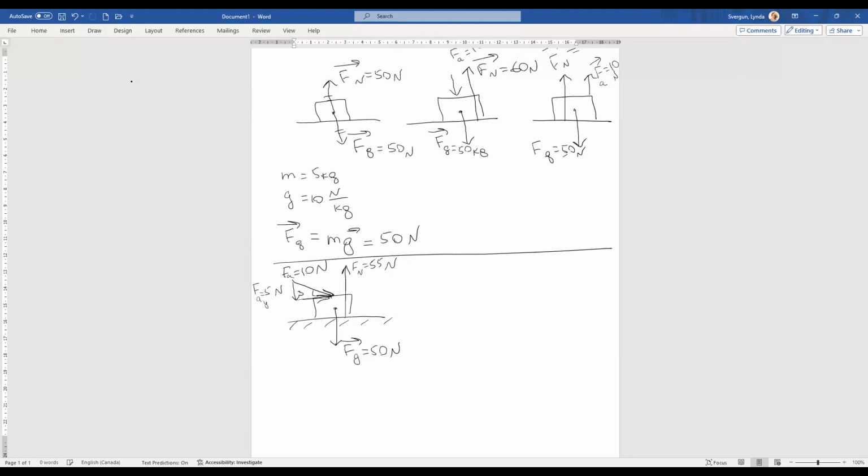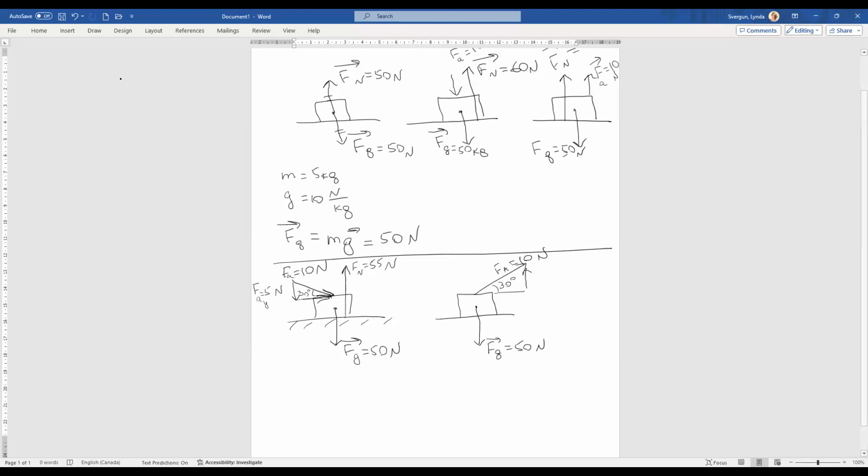Okay, so what if you pull the object at 30 degrees up? The same idea. The force of gravity is the same because the mass of the object didn't change, 50 newtons. Vertical component of the applied force: let the applied force be the same, 10 newtons, angle the same, 30 degrees.